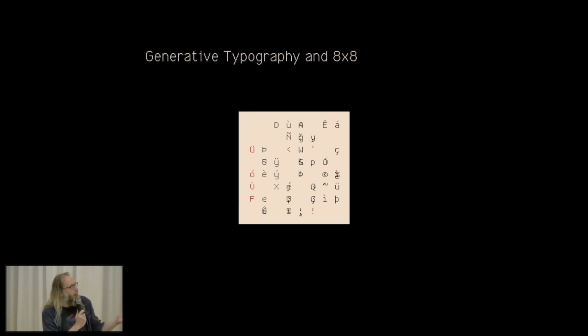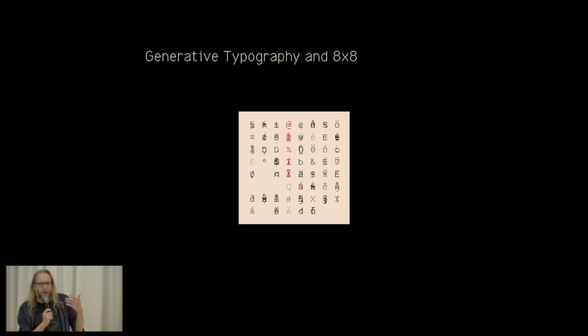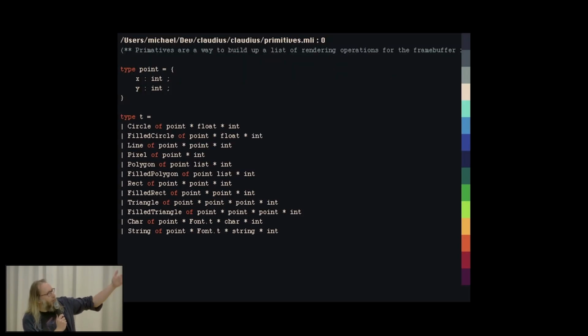Claudius also needed typography, and because I like old fonts, because I like old computers, I had to learn how to use Menhir, as I pronounce it, the parser, so I could parse old BDF font files. And so at the end of this, you have this array of primitives that we can render. Hopefully this would be enough to do everything that Tiny Code Xmas needs for coming this December.